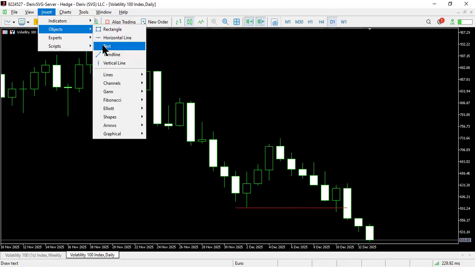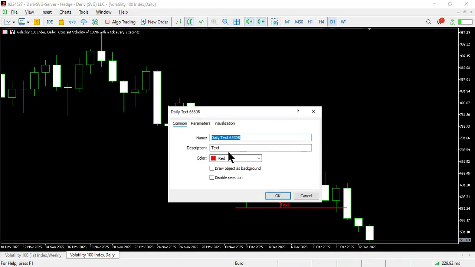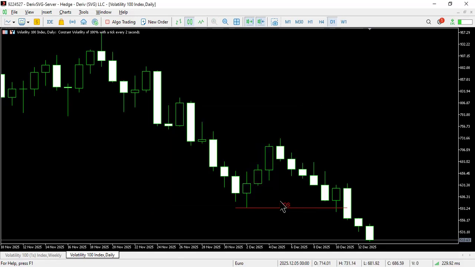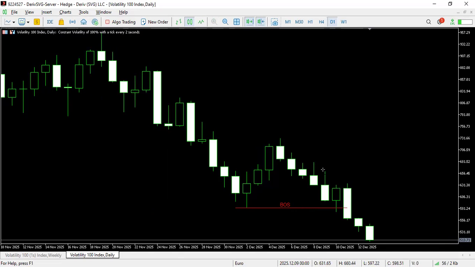And then the order block which caused that break of structure from the daily time frame, it is that one.